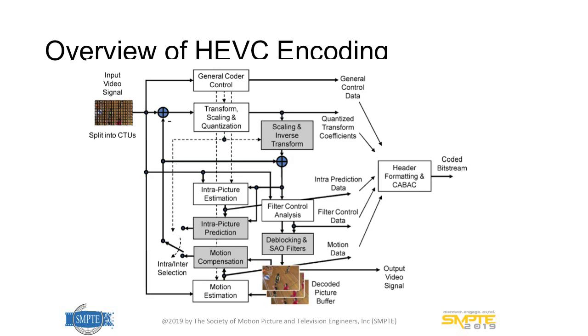So we start out on the left side with an input signal that comes in. Simply put, the input signal is cut into multiple blocks of a certain size. We start with blocks of size 64 by 64, and we take the input and come all the way to the bottom on the right side, which is the decoded picture buffer, which has the previous frames from which we try to predict this frame.